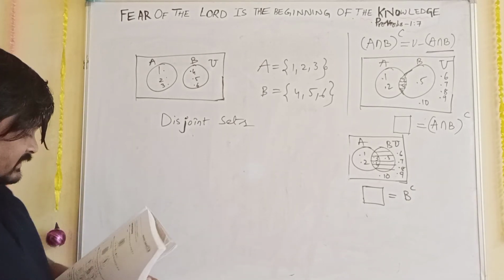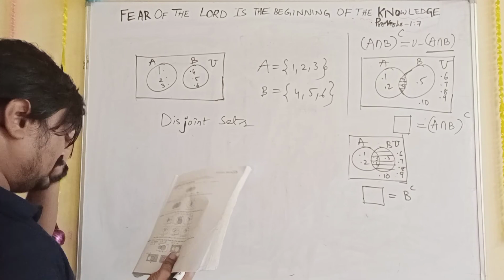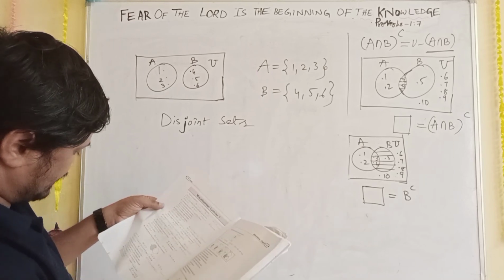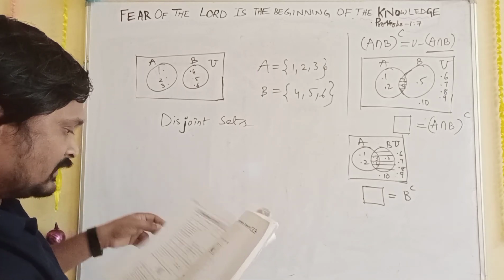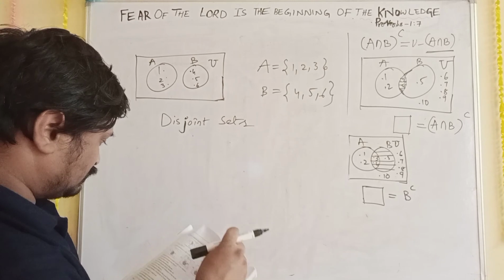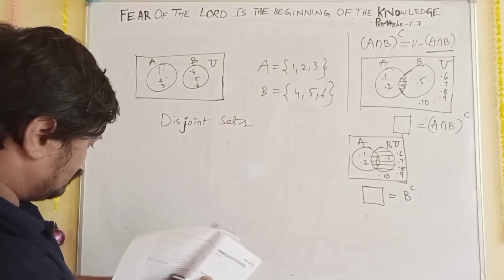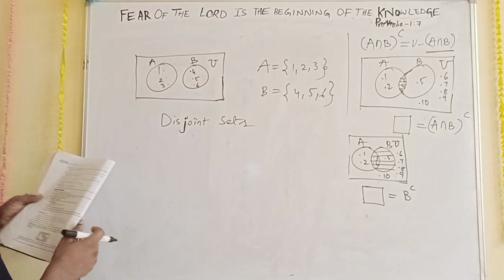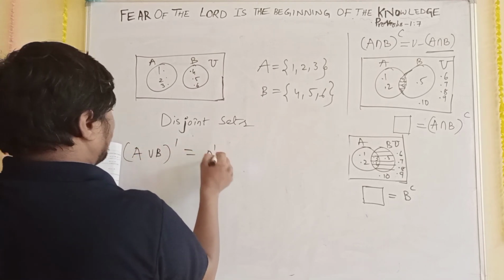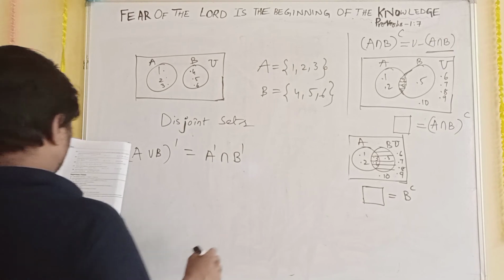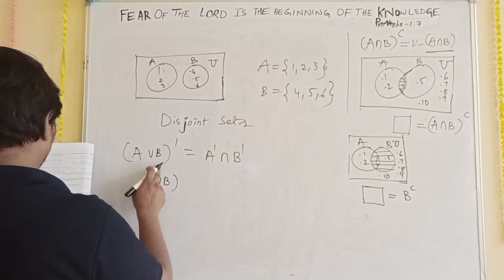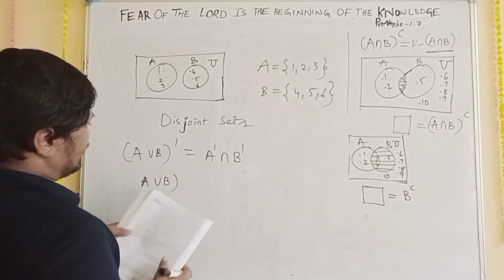They asked you to prove that (A union B) whole dash is equal to A dash intersection B dash. This I need to prove.